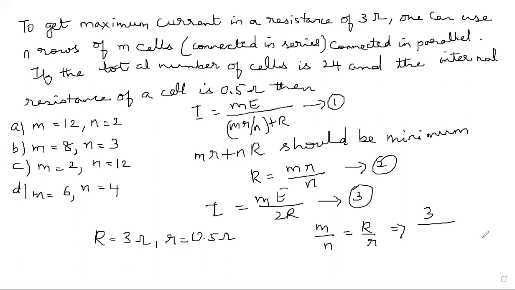So 3 divided by 0.5, so I take 1 by 2. So it is nothing but 6. So m by n is equal to 6, so we can say that m is 12, n is 2.